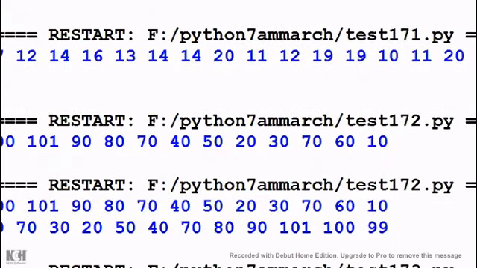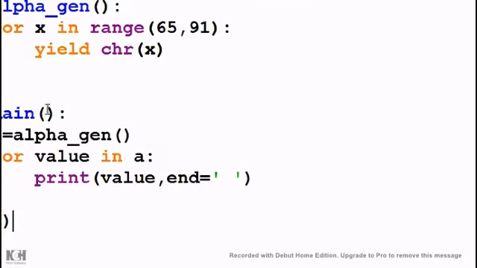See, any customized iterators you can create by using a generator function, and that will return a generator iterator object.